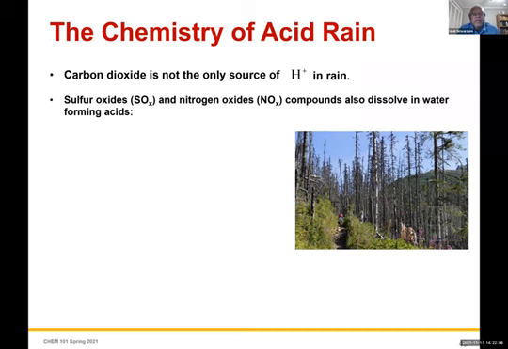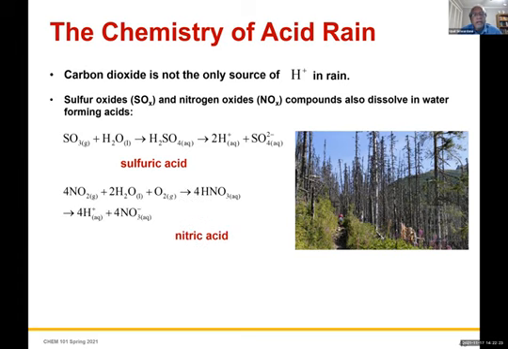So these sulfur and nitrogen oxide compounds, when dissolved in water, produce sulfuric acid. Sulfur trioxide is converted to sulfuric acid in acid rain. And nitric acid is also produced by nitrogen oxides, which react with water and get oxidized to nitrogen dioxide, so producing nitric acid.